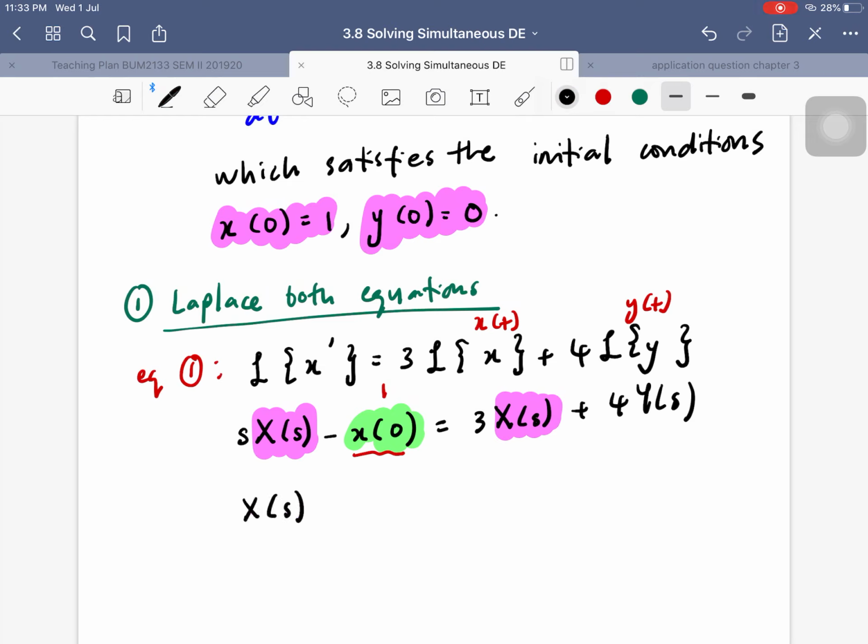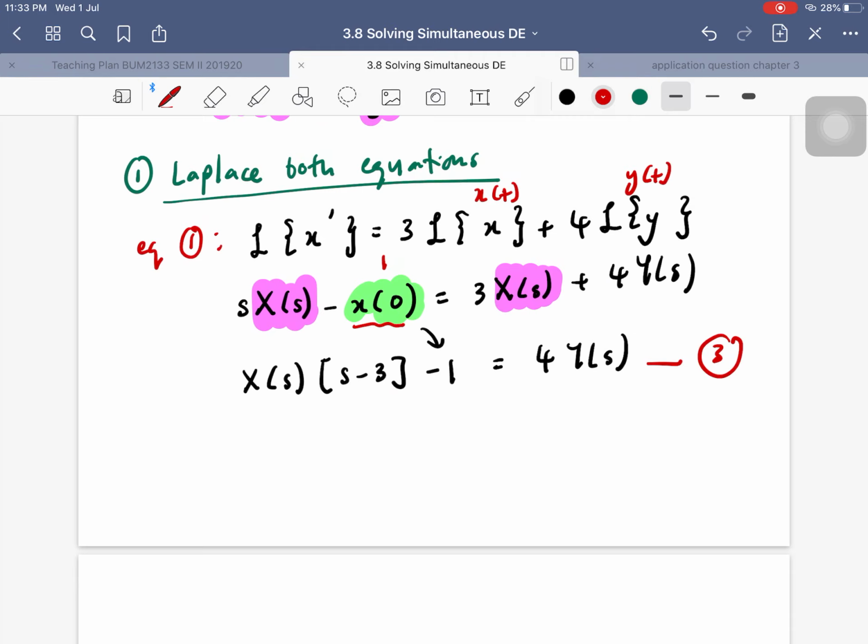So therefore I'm going to have X(s) times (s minus 3) minus 1 from the initial condition, and that is going to equal 4 capital Y of s. This is my equation number 1 after I am done Laplacing it. So I'm going to call this my equation number 3. Now we're done with the first equation.